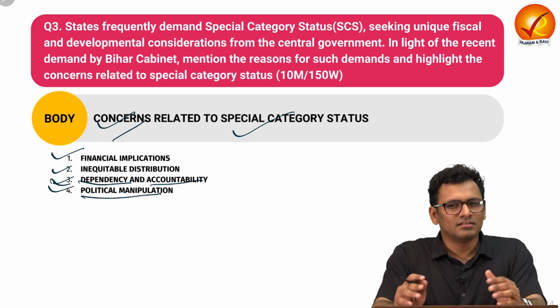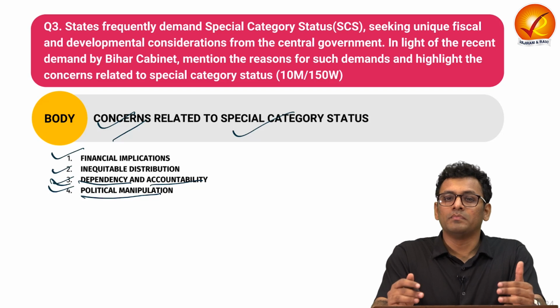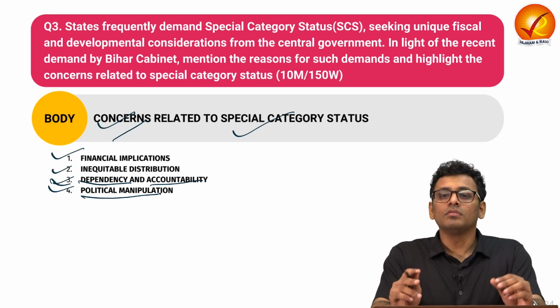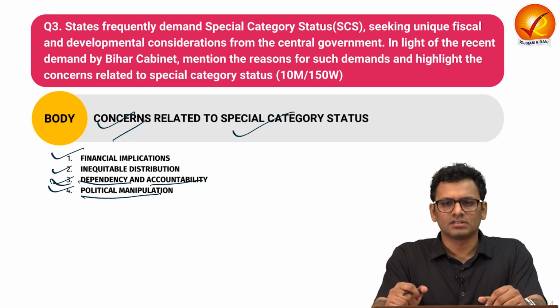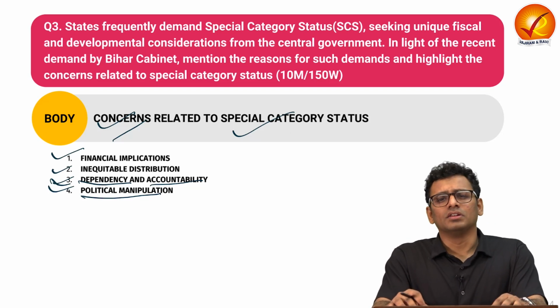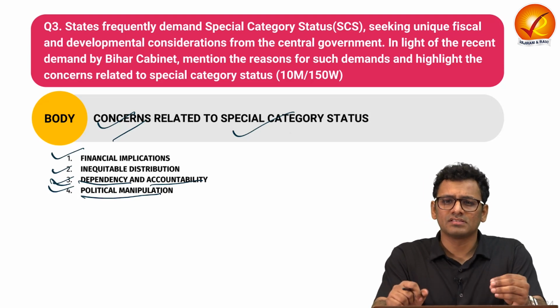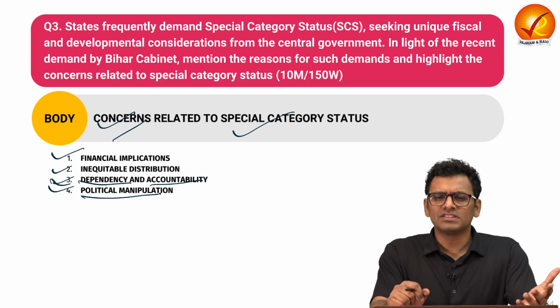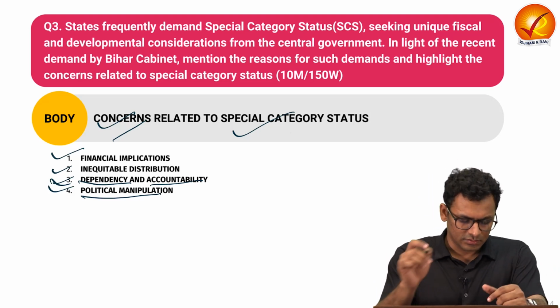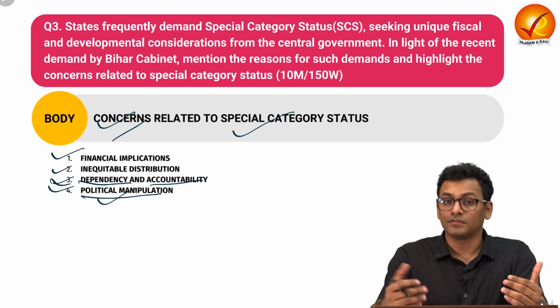We have seen that certain states have demanded special category status just to benefit from it for political reasons, and because the nature of the demand is political in a way, they do not get the kind of realization. So because of that political manipulation, special category status also has certain concerns.